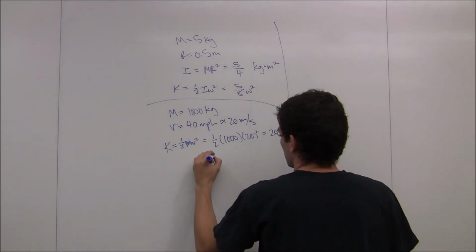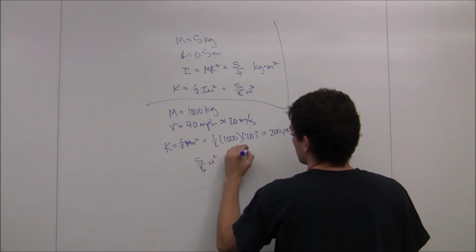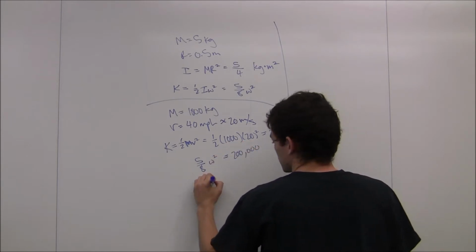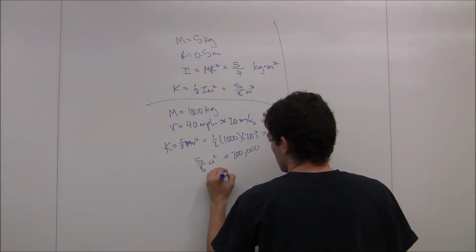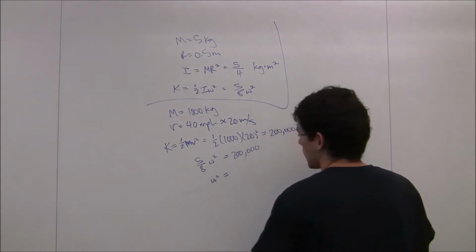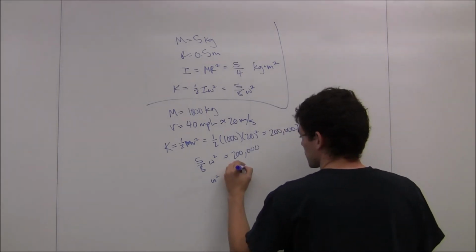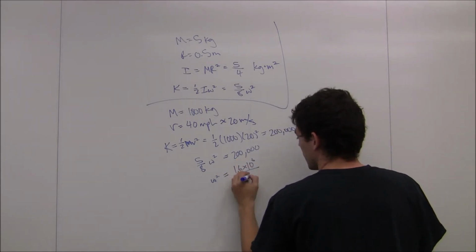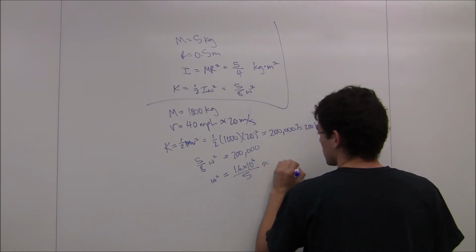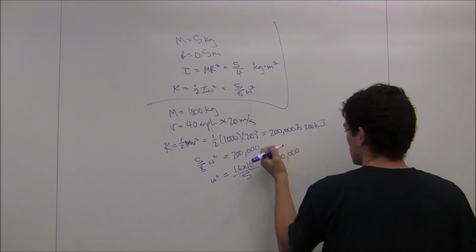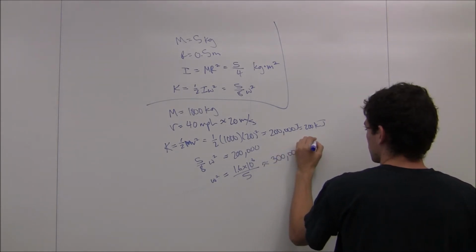So 5 over 8 omega squared equals 200,000. So this tells us omega squared is equal to 1.6 times 10 to the 6 over 5, which is approximately 300,000 radians squared per second squared.